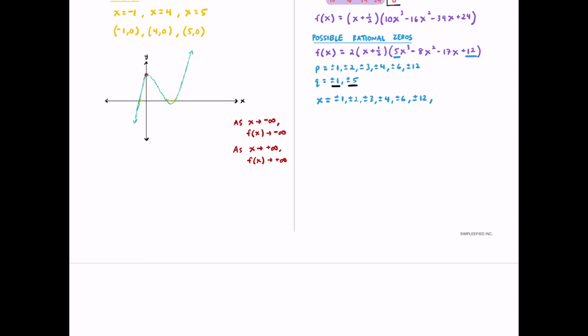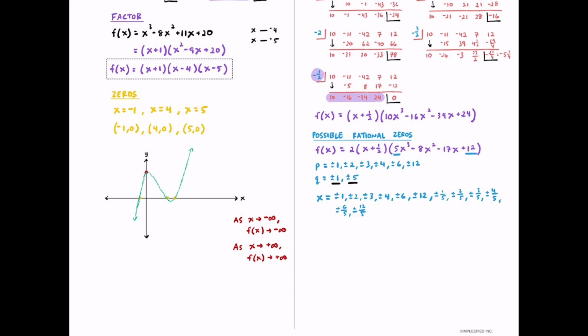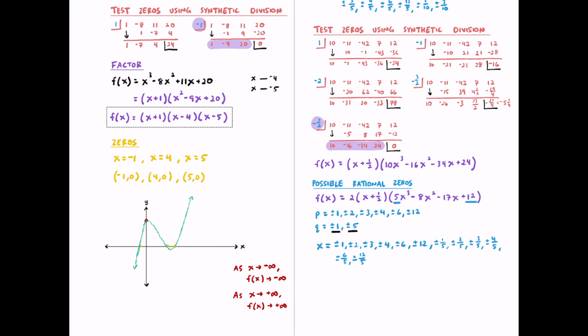So 1 over 5, 2 over 5, 3 over 5, 4 over 5, 6 over 5, and 12 over 5. All right, now what is our next step? Well, we have our possible rational zeros. Let's see if we can test some zeros using synthetic division.